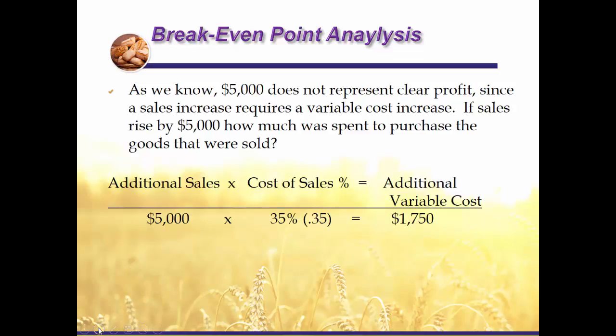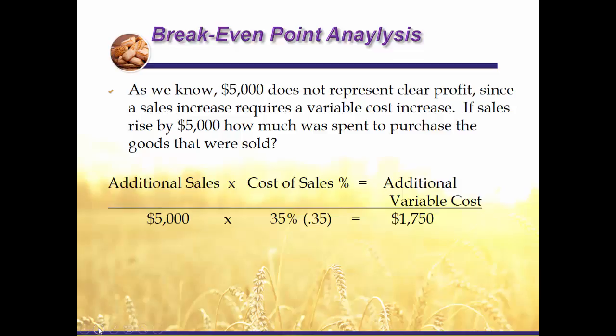So as we know, $5,000 does not represent a clear profit, since a sales increase requires a variable cost increase. If sales rise by $5,000, how much was spent to purchase the goods that were sold? So let's do the formula for this. The additional sales times the cost of sales percentage equals additional variable cost.